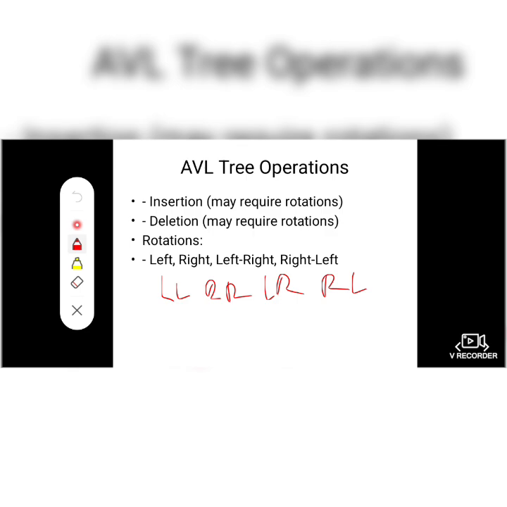If it is unbalanced, we perform the rotations based on the height difference. Deletion is the same: we delete like in a regular binary search tree. After deletion, we update heights, check the balance, and perform rotations if any node becomes unbalanced. Rebalancing may be needed at multiple levels on the path back to the root.